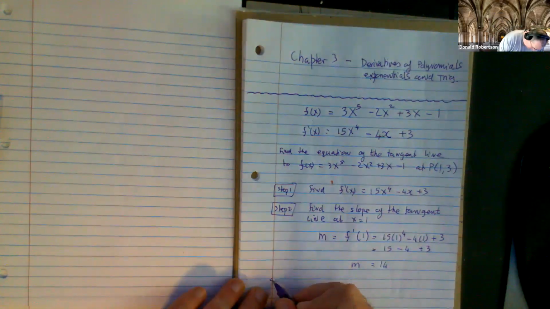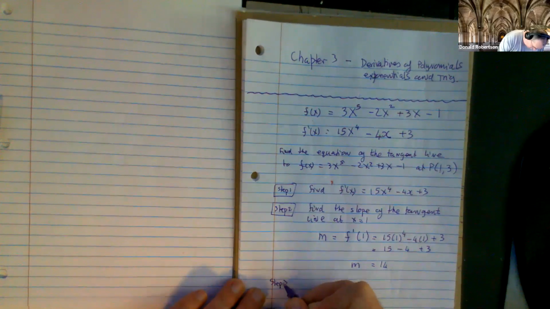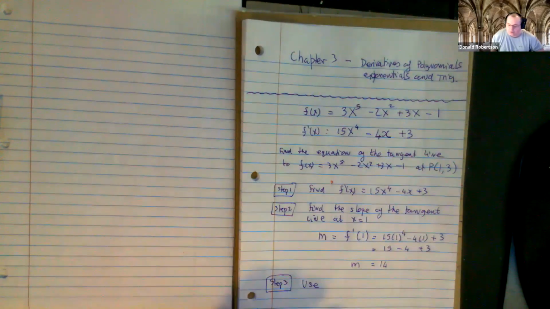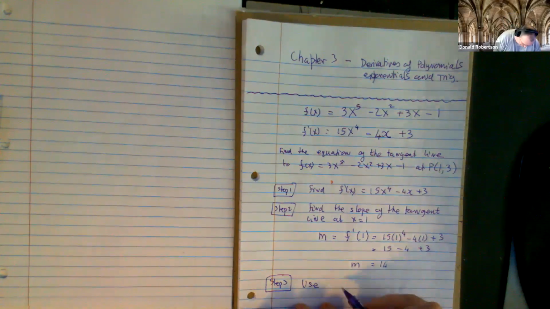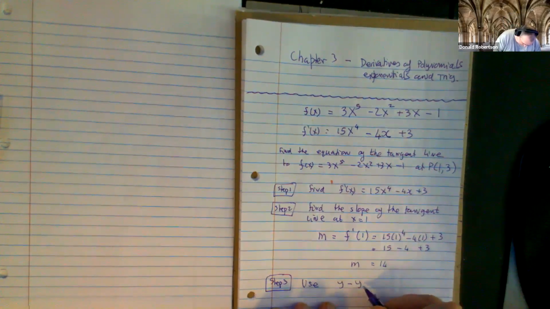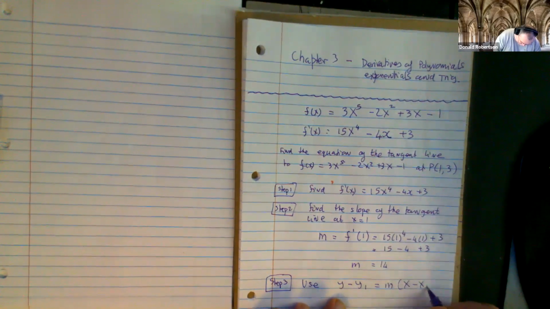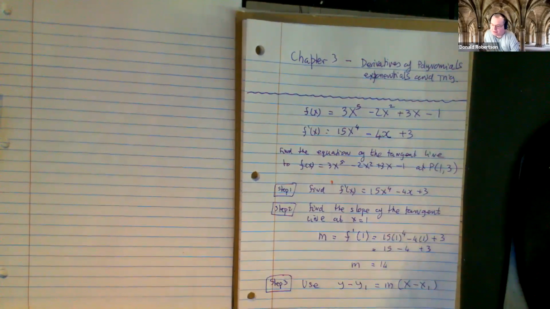And then step 3, we use an equation that is very often called the point slope equation. Hopefully you remember it. y minus y1 is m times (x take away x1). Remember that is the formula for getting the equation of a line that passes through the point (x1, y1) and has a slope of m.